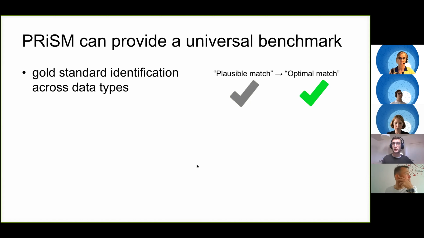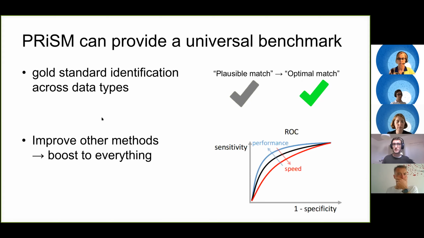Because up to this point, as I've shown you in those Venn diagrams, existing methods come up with some plausible identification for a spectrum, but who knows, maybe it's wrong, right? Maybe it's actually another protein that fits the spectrum better. But with Prism, you check everything, right? So we know that this should be the optimal match. And that's how we could set this gold standard. And using that standard, we can improve other methods as well, right?